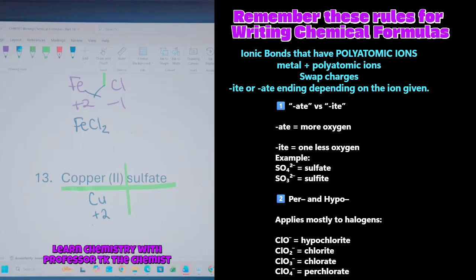I'm telling you what it's identifying with, the charge, +2. Sulfate is SO4. It has a charge of -2. Well, y'all know the deal. When the numbers are the same, they cancel out. So in this case, your formula becomes CuSO4.